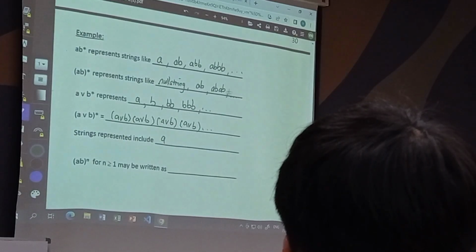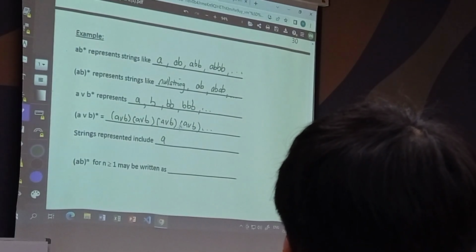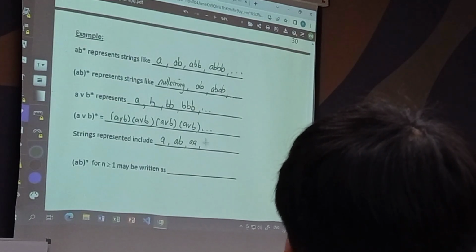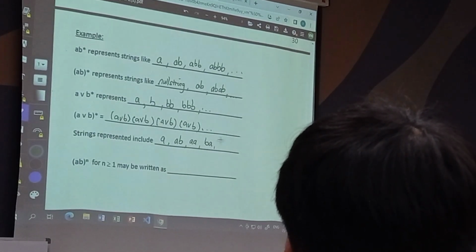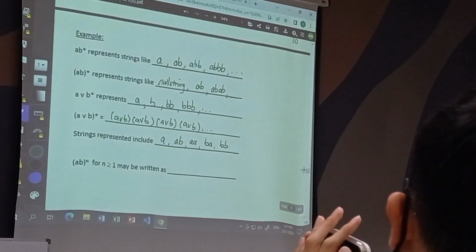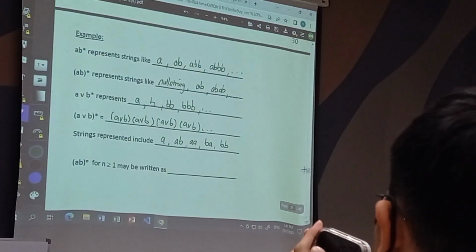Okay? Now if let's say I loop 2 times, I can get the first one A, second one B. I can get the first one A, second one A. I can get the first one B, second one A. And I can also get B, B. This is when we loop 2 times.